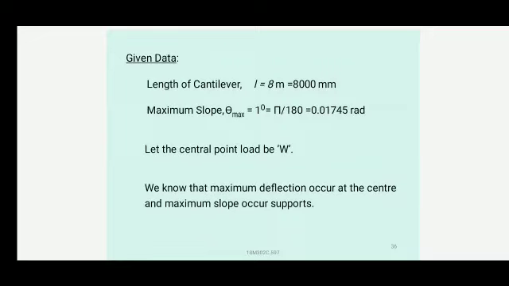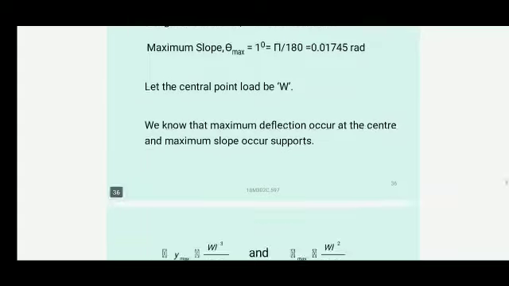Given data: length of simply supported beam, L, is equal to 8 meters, that is 8000 mm. Maximum slope theta maximum is equal to 1 degree, so that is pi by 180, which is equal to 0.01745 radians. Let the central point load be capital W. We know that the maximum deflection occurs at the center and the maximum slope occurs at the supports.